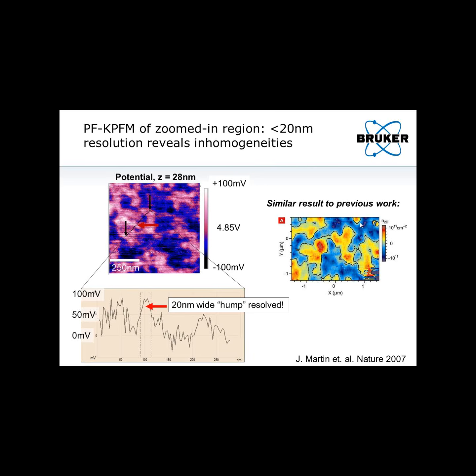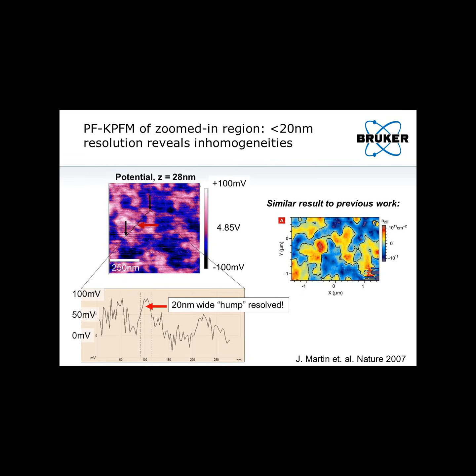And they attributed these variations to the substrate, some sort of charges in the substrate. So we may have a different origin for these sorts of puddles. It may be some combination of factors, but the length scales are very similar. For instance, the length scales here are about 300 nanometers to 500 nanometers. Our length scales are on the order of 300 nanometers, sometimes as low as 50 nanometers.